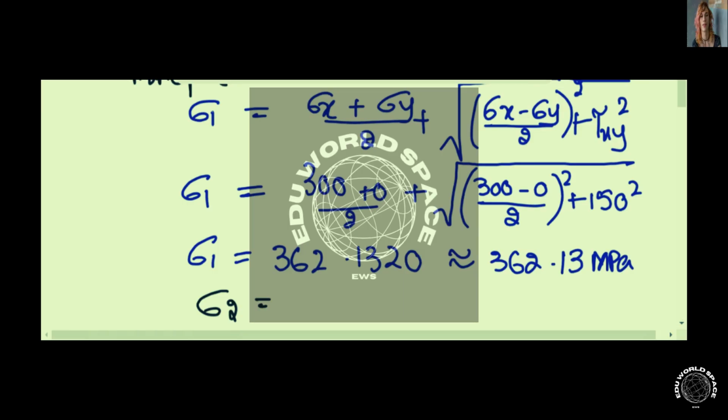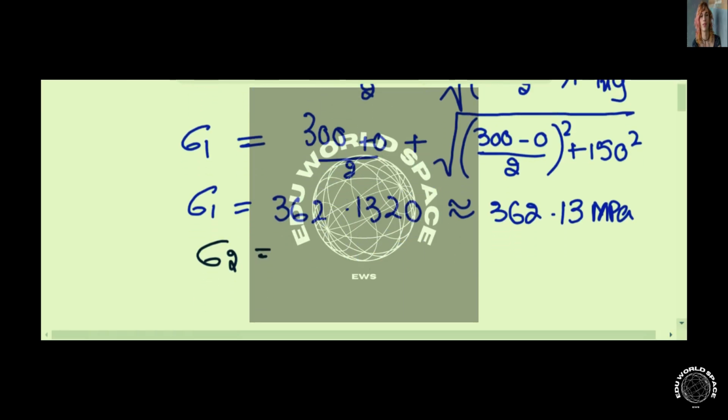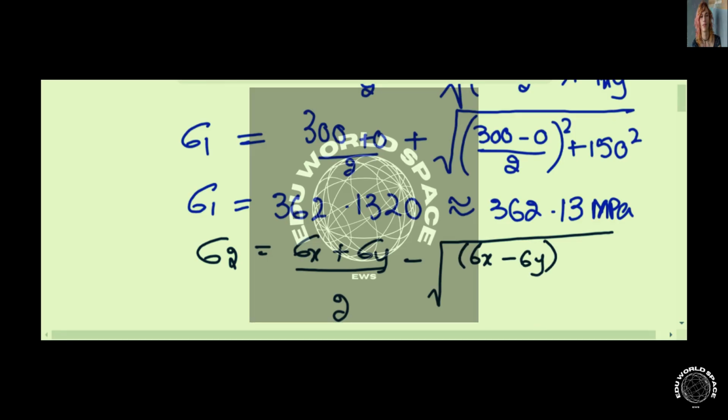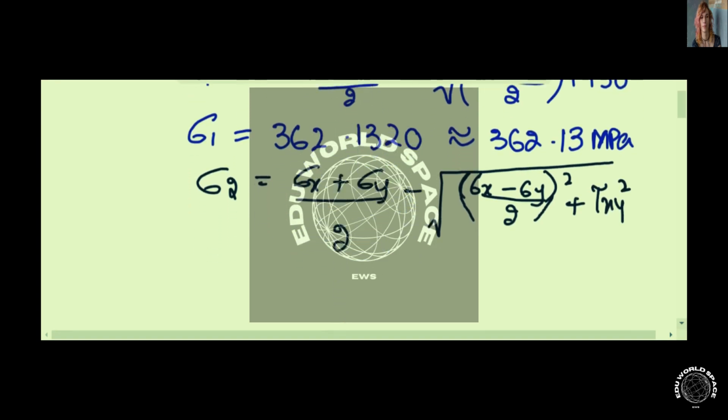Now, similarly, we need to calculate sigma sub 2, right? So again, we would be using the equation that is known to us, the one that we have been using to solve such questions. So that is (sigma sub x plus sigma sub y) divided by 2 negative under root ((sigma sub x negative sigma sub y) divided by 2) whole square, this bracket is over here as well, plus tau sub xy square, right?